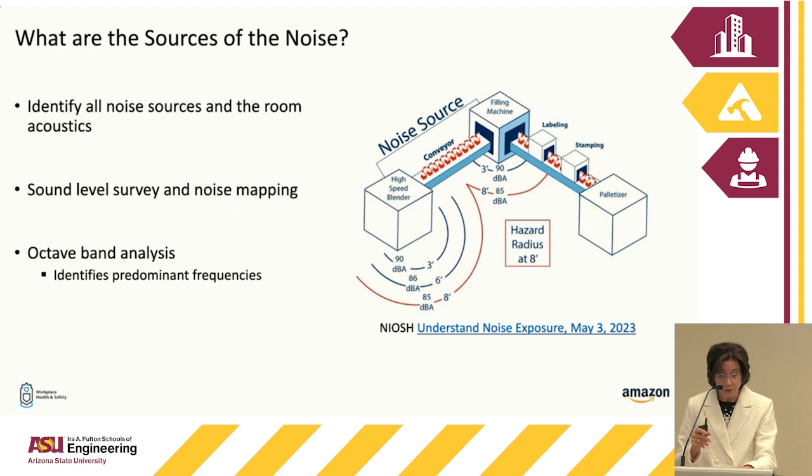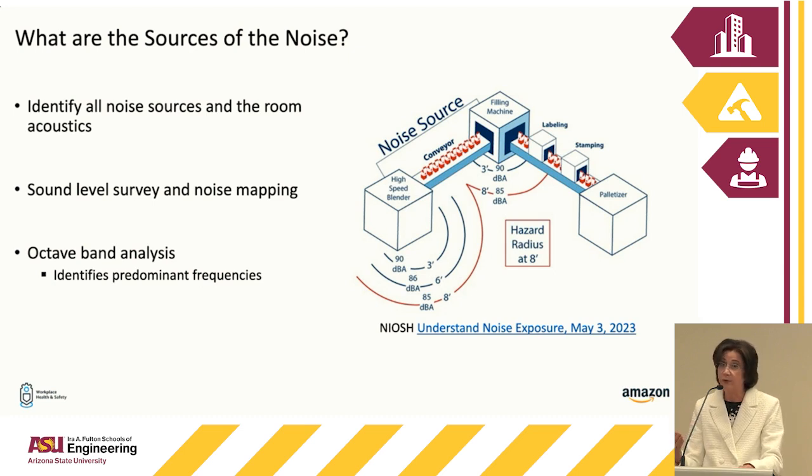So in order to reduce noise exposure risks, what we need to do is to identify the sources of the noise. But it isn't just where the noise is being emitted by a machine, and that's hard enough to do, but also the room acoustics.